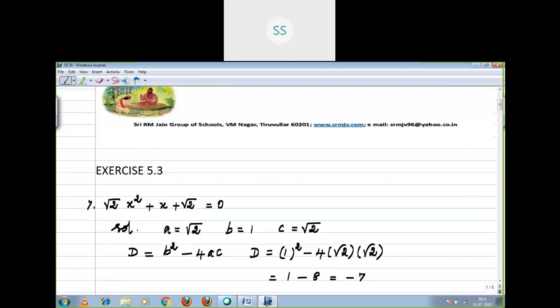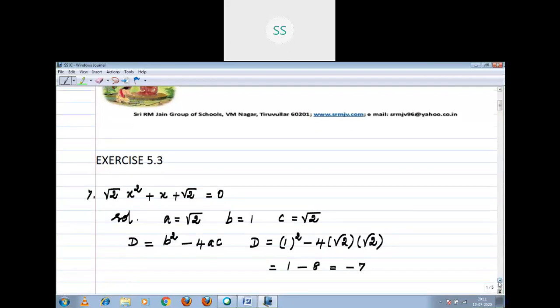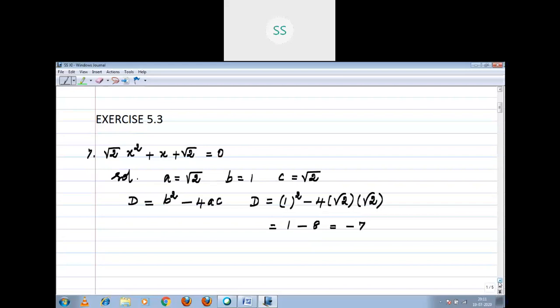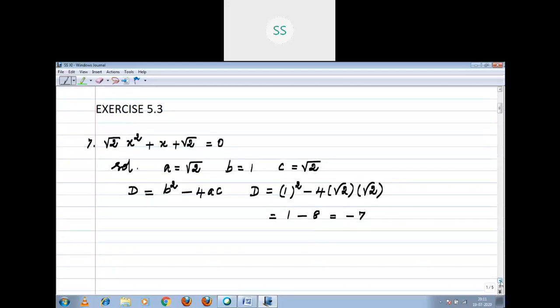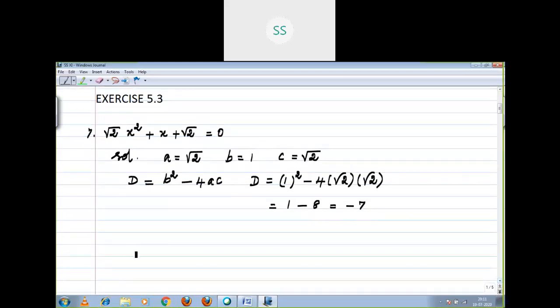Now, we are going to find the roots of the equation, right children? x is equal to minus b plus or minus root D divided by 2a.